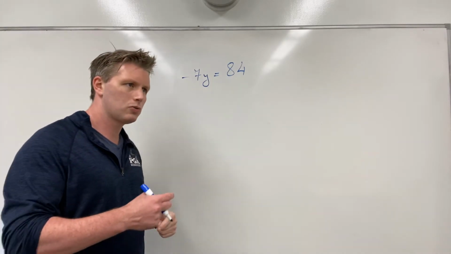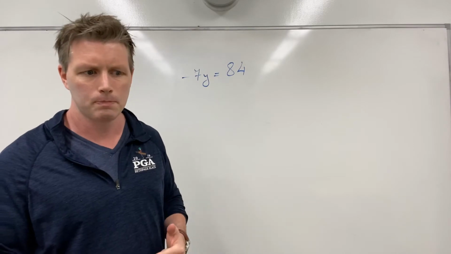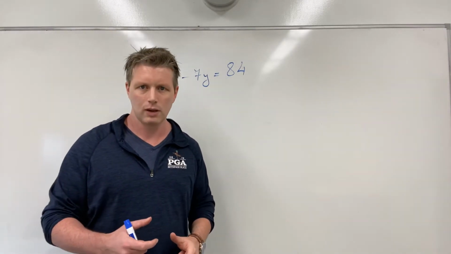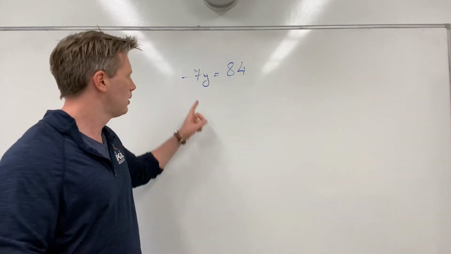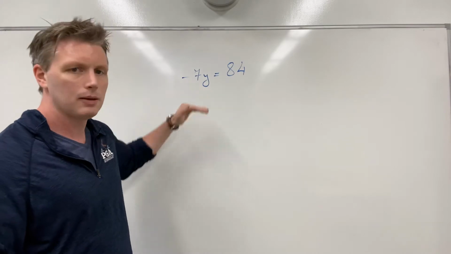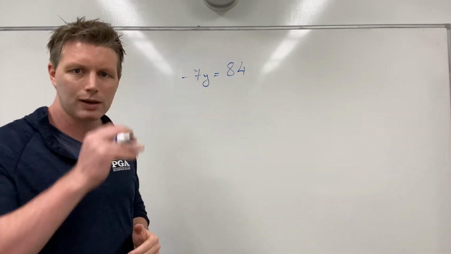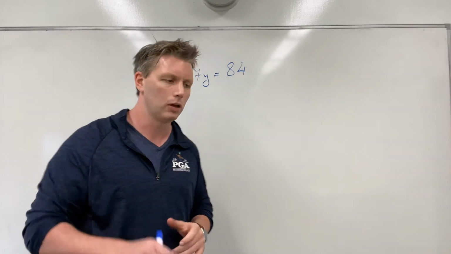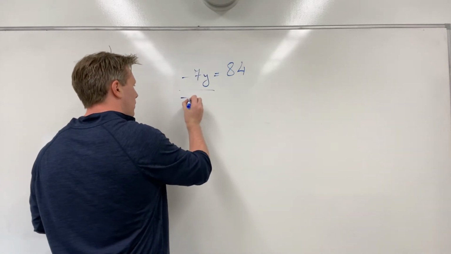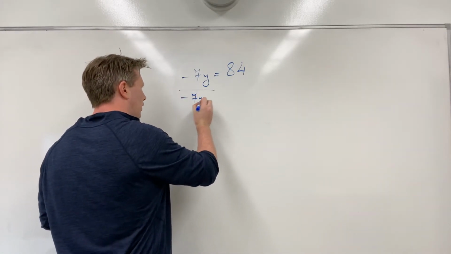In order to undo that multiplication, well, the reverse of multiplication is division. And so if I divide by minus 7, I will ultimately get y by itself because my minus 7's will cancel above and below.